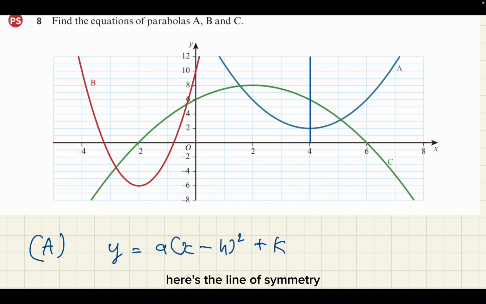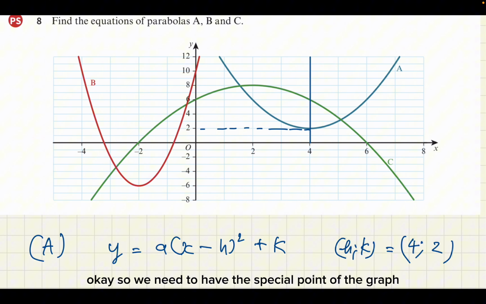Here is the line of symmetry, and (h, k) as coordinates: x is 4 and y equals 2. We need a special point of the graph. For example, I can put this point, which I'll call B, and B has coordinates (2, 6).